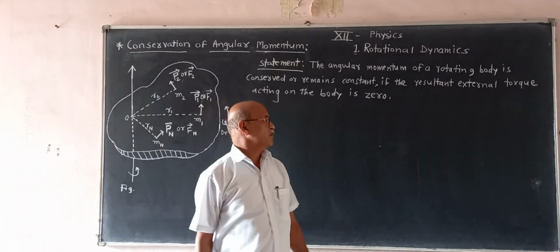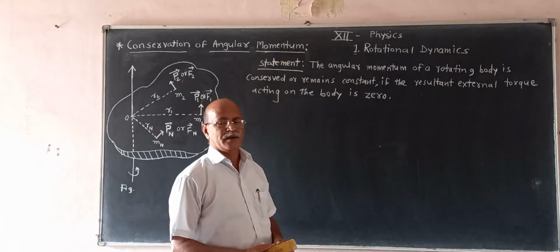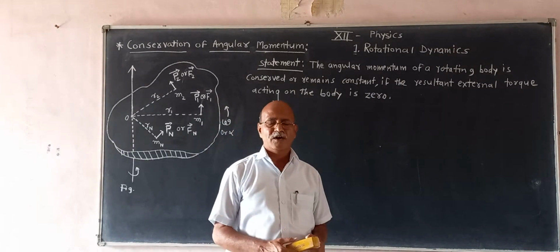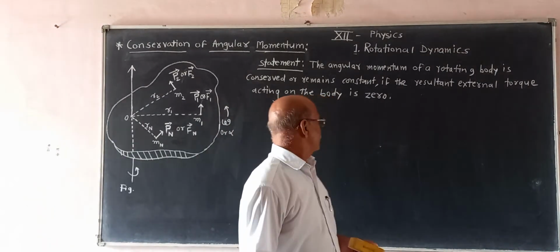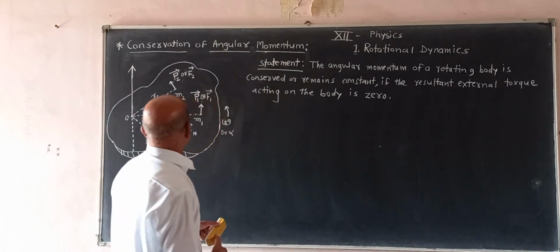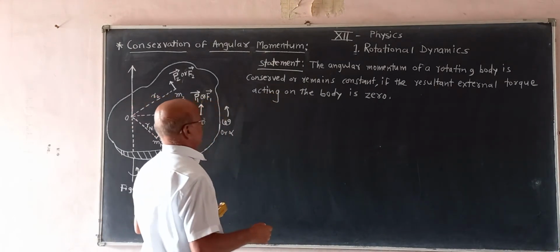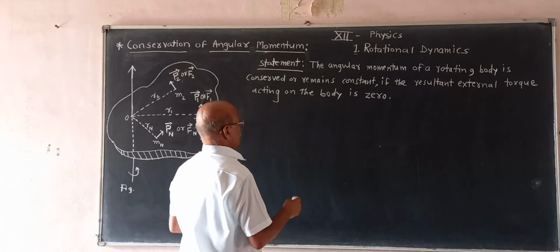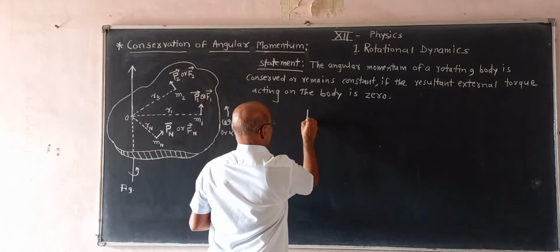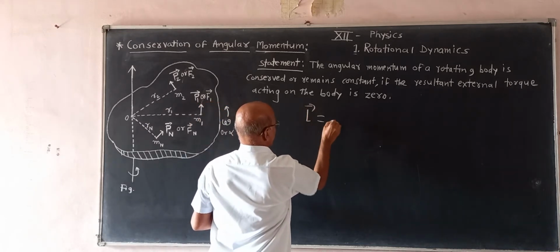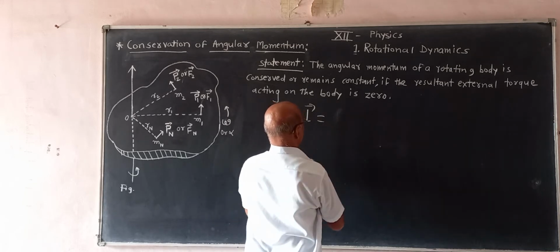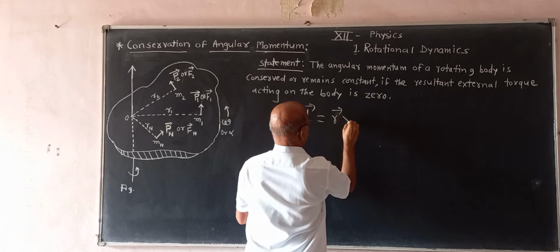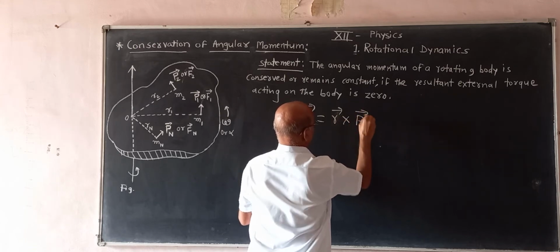According to the definition of angular momentum, it is the product of linear momentum and the perpendicular distance from the axis of rotation, that is, r cross vector p.